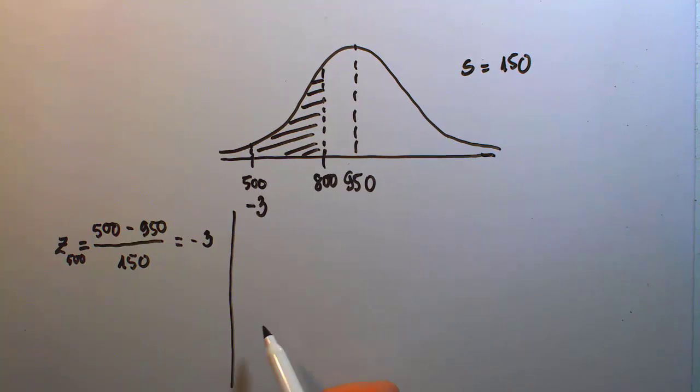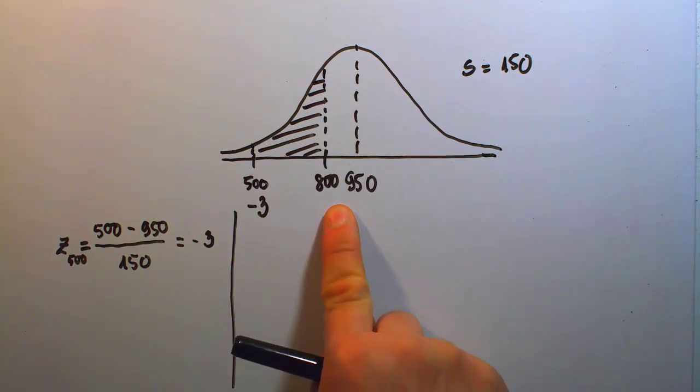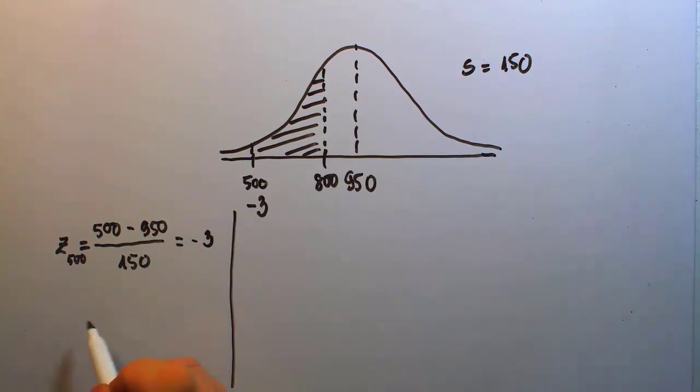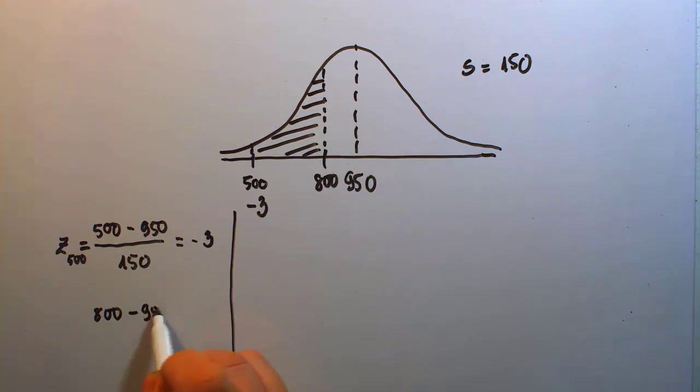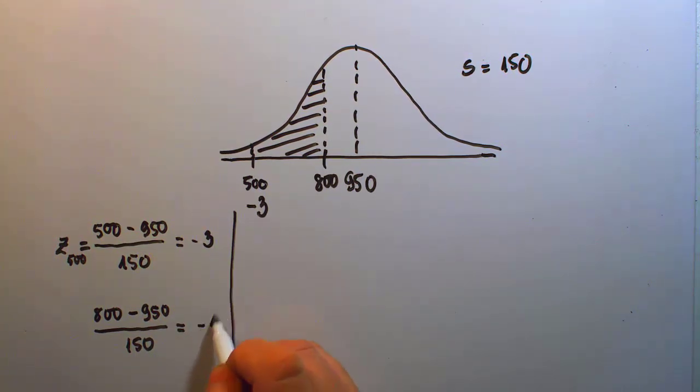I am going to do similar work for the higher end of my interval. 800, from where my value stands, I'm going to subtract 950, and then I'm dividing by 150. That gives me a z-score of negative 1. That is the z-score for my 800.